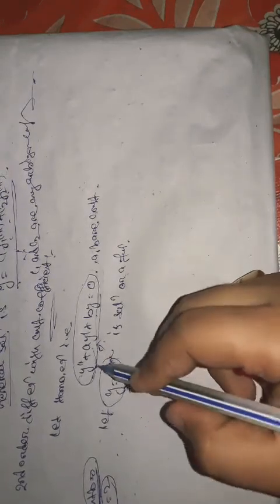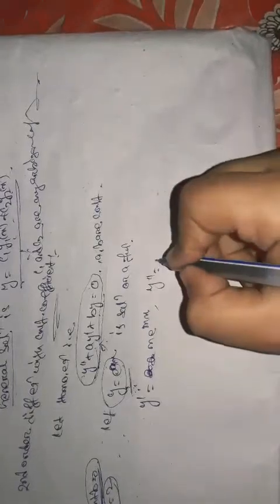Solution means, if there is an equation ax plus b equals 0, we find the solution. This means if we put this x in this equation, then it satisfies the equation. Like this, y is the solution of this differential equation, so if we put the value of y in this equation, then it satisfies this equation.